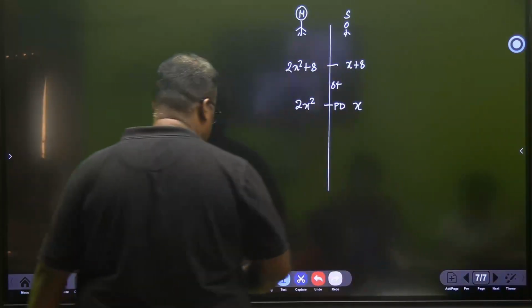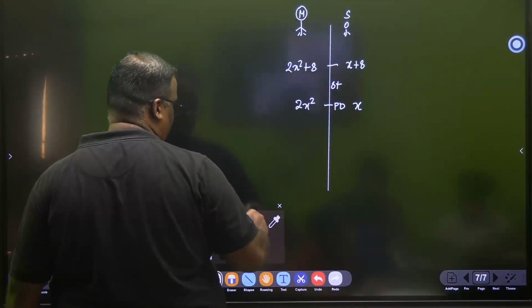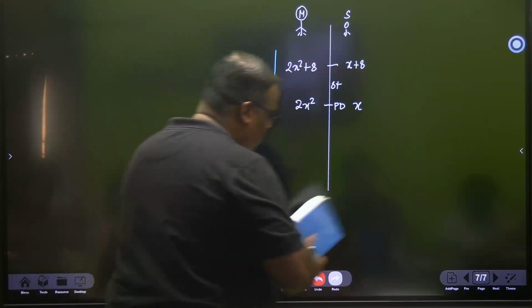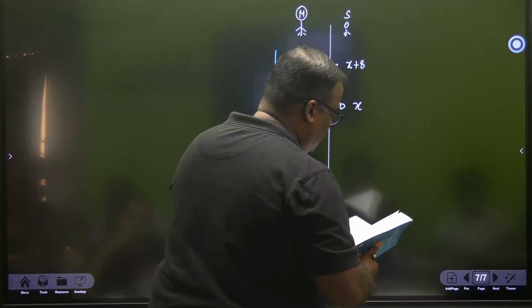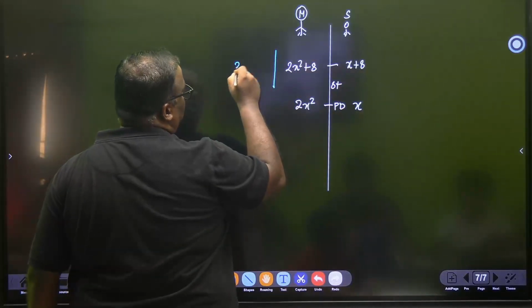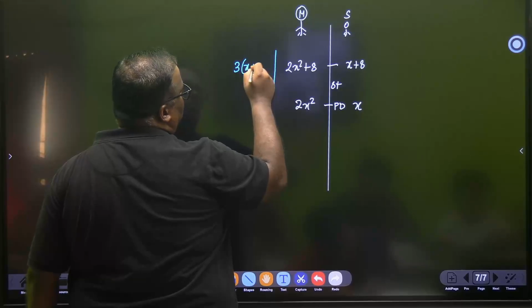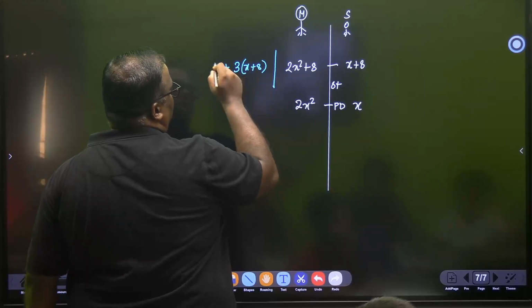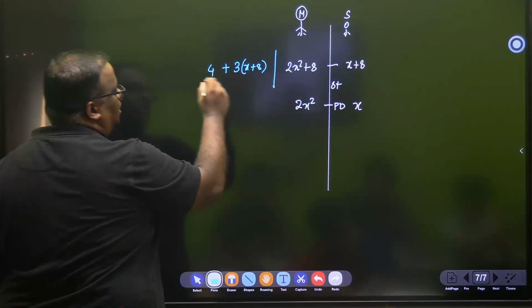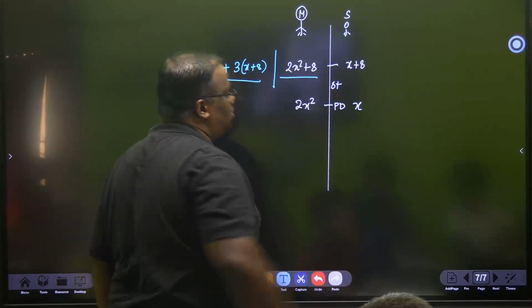Means the question is telling us that after 8 years, there is another age of this man. It is how much? 4 years more than 3 times the age of his son. So 3 times the age of his son is 3 into x plus 8. With this, another how many years have to be added? 4 more years. This is also the age of the man.